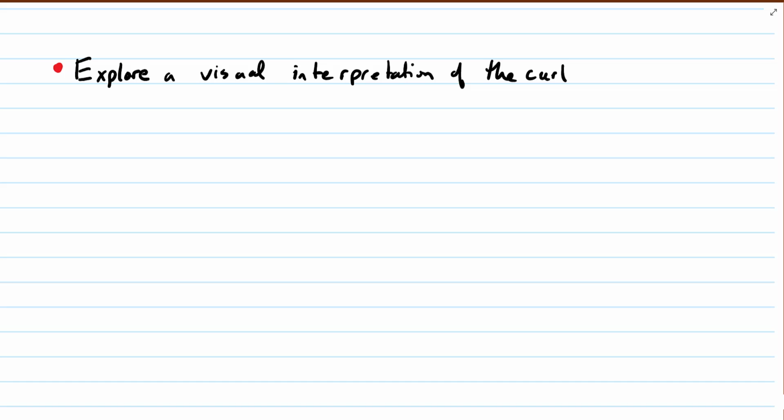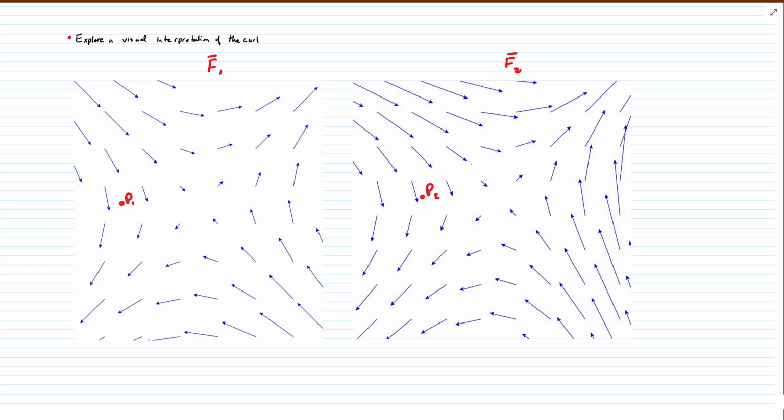So now let's see if we can visualize the curl at a point inside of a vector field. Before doing so, I want to warn you that the technique isn't usually practical. I've carefully selected the example to illustrate the 2D curl that I want to use, but most of the time this illustrative technique is not going to work. To warn you against this right at the beginning, here are two similar vector fields, and here I've labeled the point P1 and the point P2 on each.